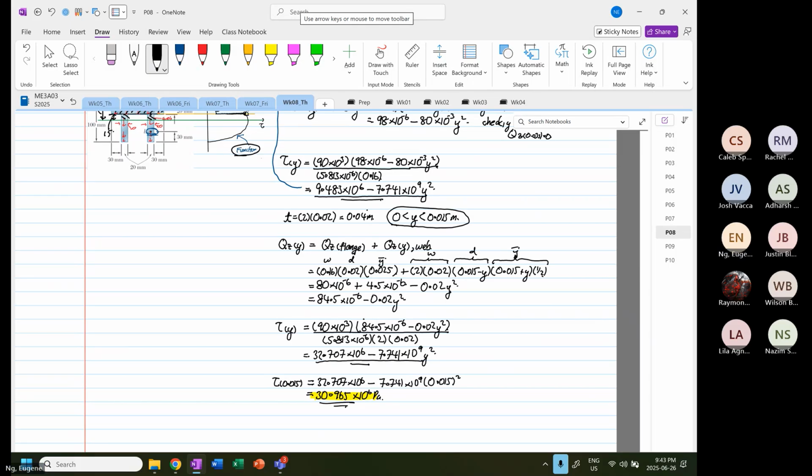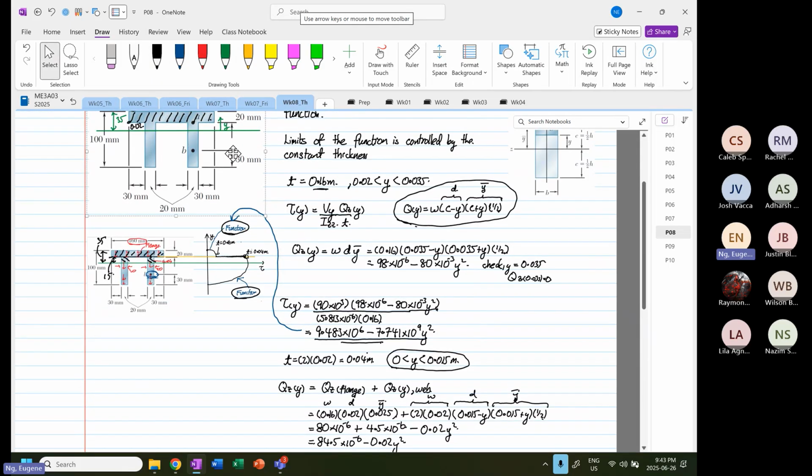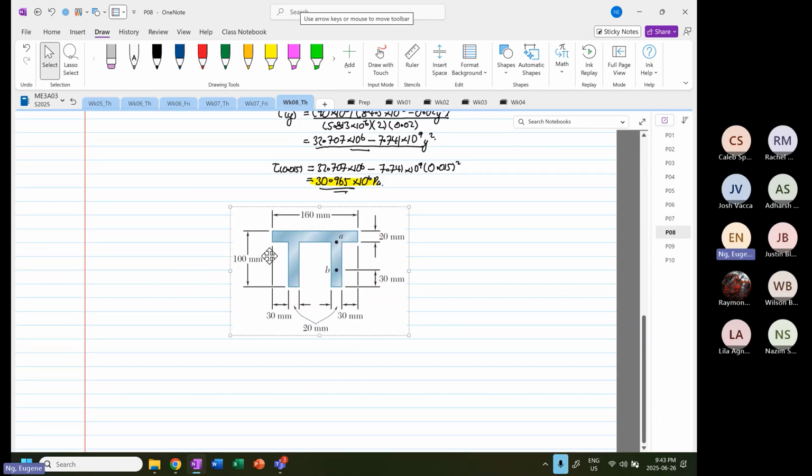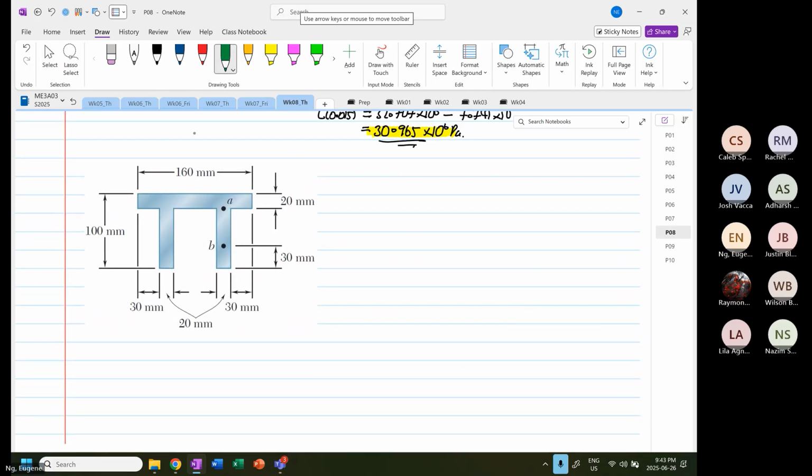Okay. Now, so far you can see that we are focusing on the top half of the structure. Now, what if we derive the bottom half? Let me elaborate. What if we derive from the bottom?